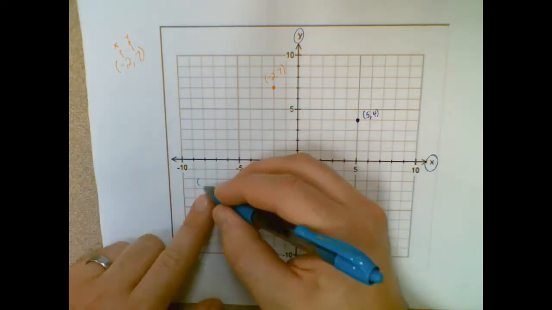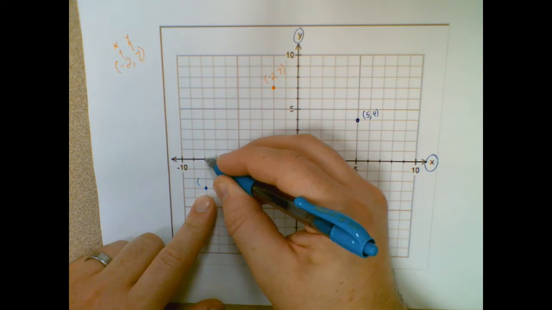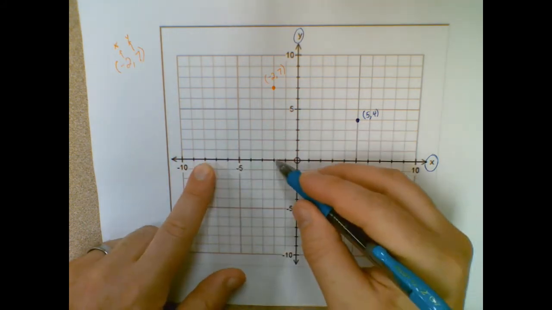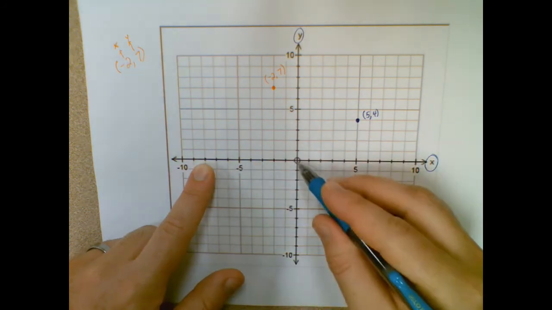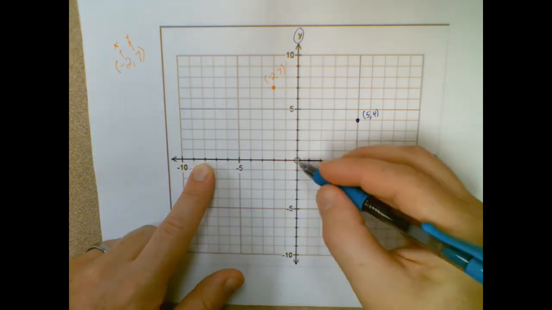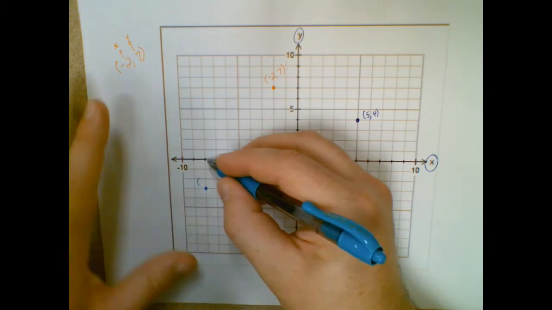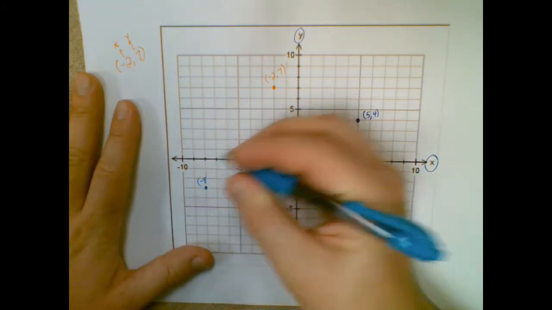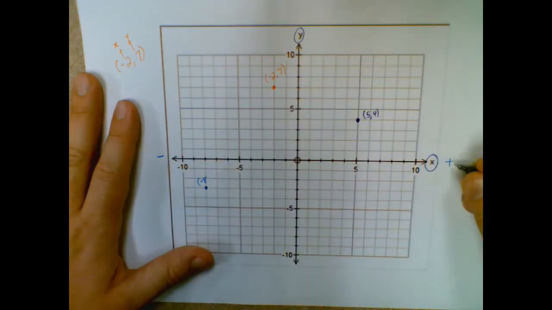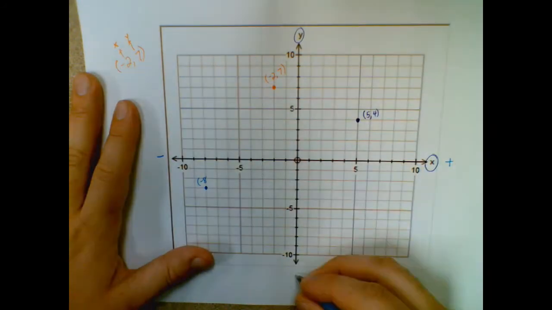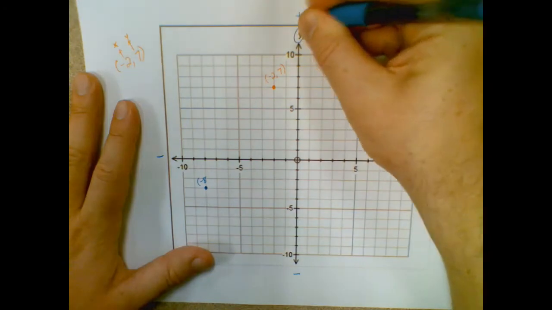So for my x, I'm going to go from my point to my x-axis. It lands right there. So that's 1, 2, 3, 4, 5, 6, 7, 8. And I went to the left of my origin, that's my starting point. So I went to the left of my origin, 8. So that's -8. If you go left, you're going negative. Right would be positive. Versus up and down: down would be negative, and up would be positive.